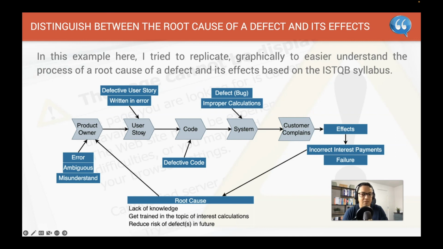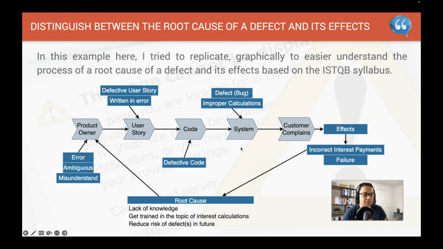Then the developer and the tester start to prepare for testing, but the developer starts to code that user story, a defective code, though he thinks it's fine because he's just following what is written. And that defective code gets into the system. The tester just tests against the acceptance criteria of the user story, so the testing looks fine because it's working as it was asked to be coded.